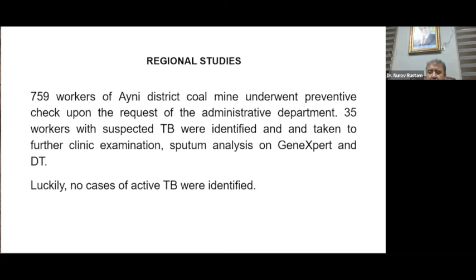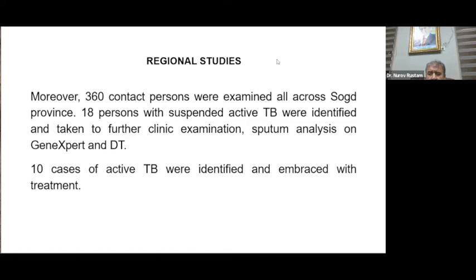So, in Sogt province, we have examined 360 contact persons who were in contact with TB patients, and we managed to identify 18 persons with suspected TB, and after the sputum analysis at GeneXpert, we identified 10 cases of active TB.